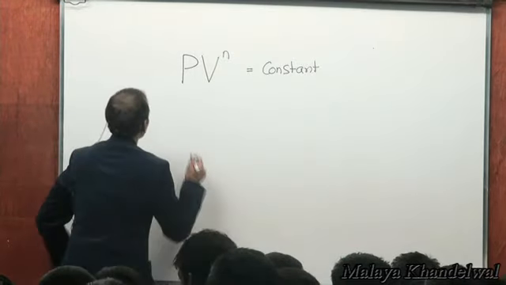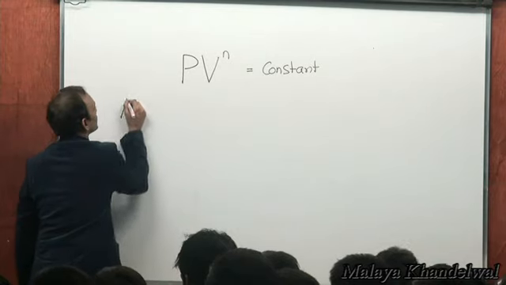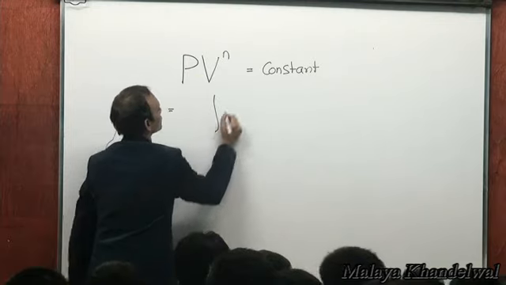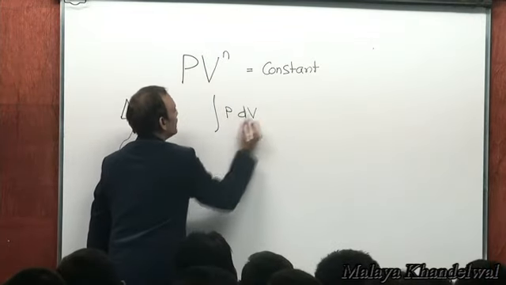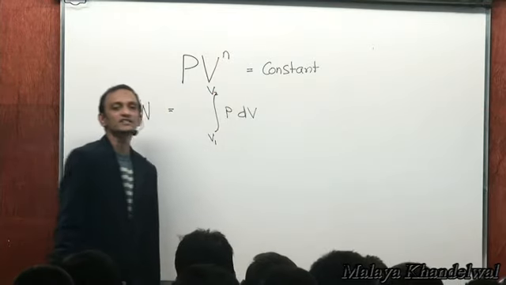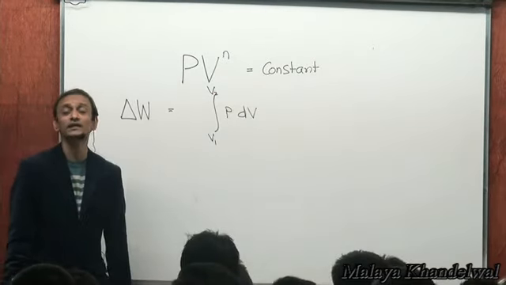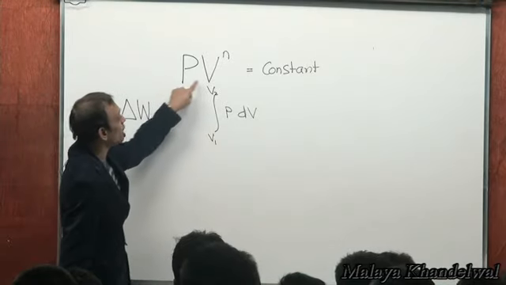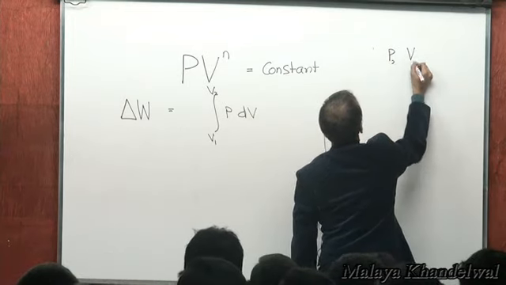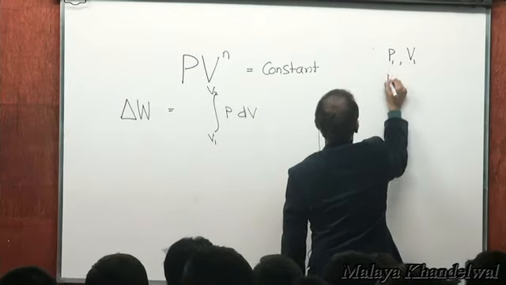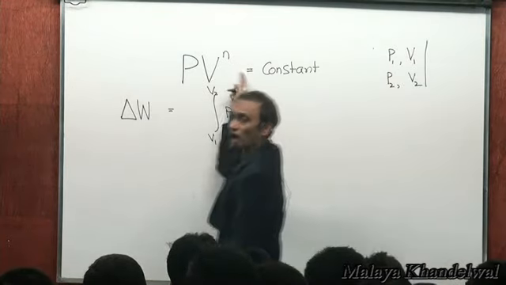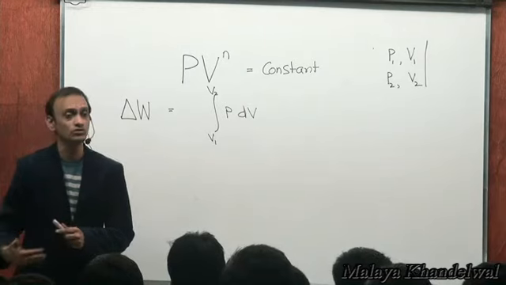So, let's say in a polytropic process, the work done is going to be integral P dV when V changes from V1 to V2, that's the work done in any process. Now we'll carry this integration out for a polytropic process in which initial pressure is P1, initial volume is V1, final pressure is P2, final volume is V2, and the changes are commensurate with PV to the power n equal to constant.